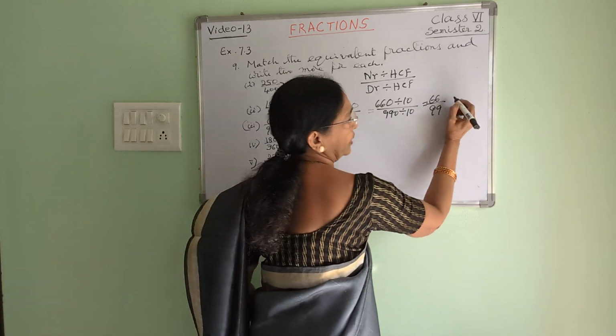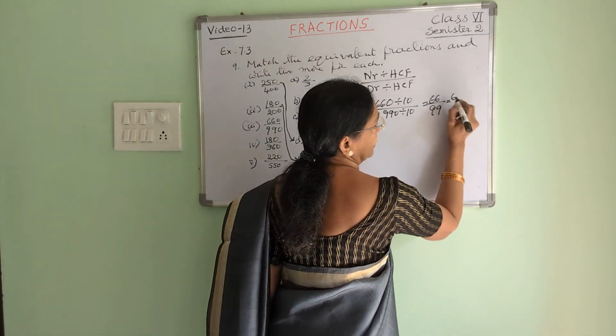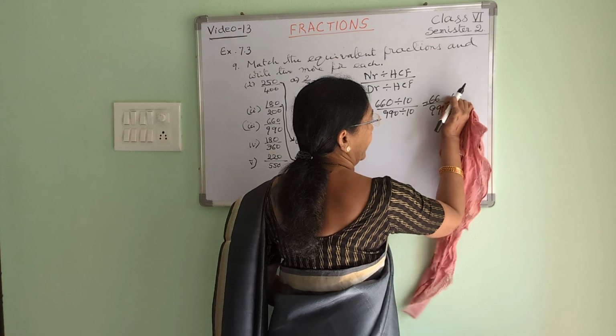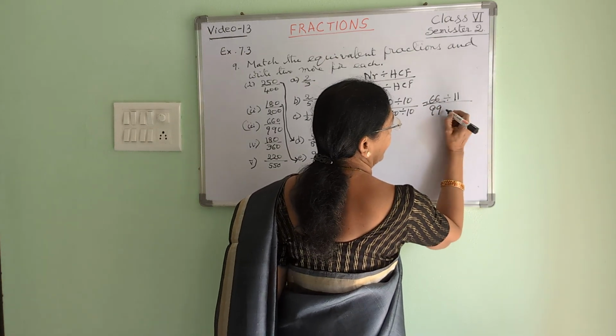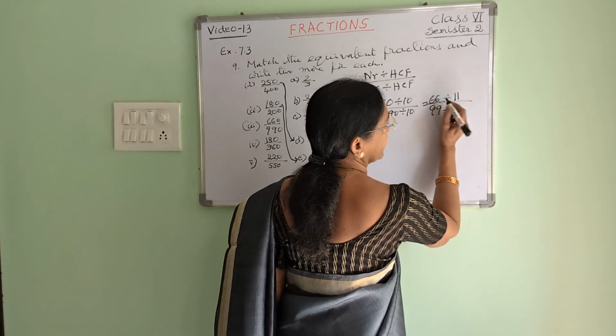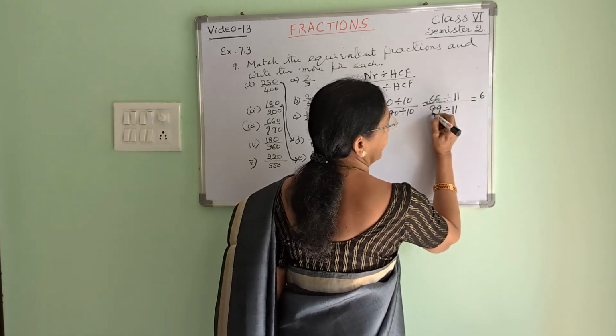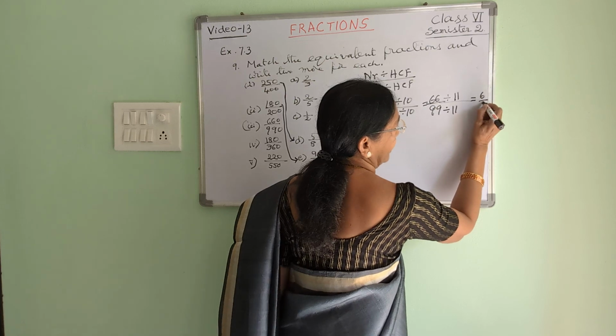Again both are divided by 11. 66 divided by 11 is 6, 99 divided by 11 is 9.